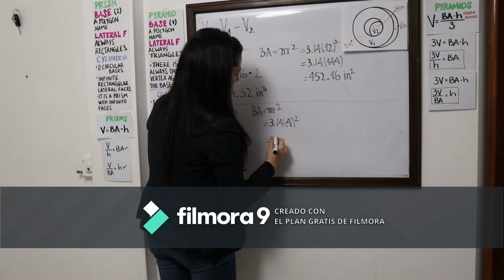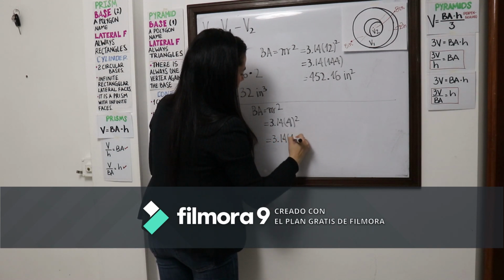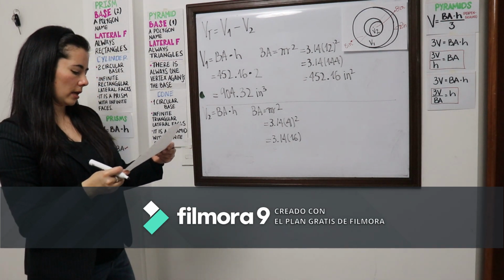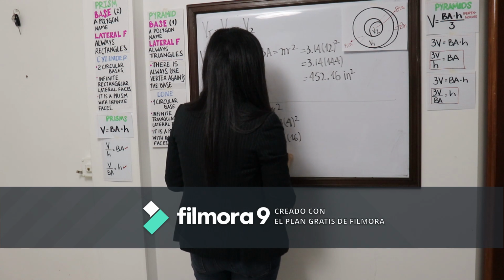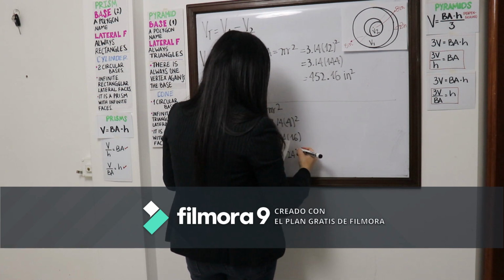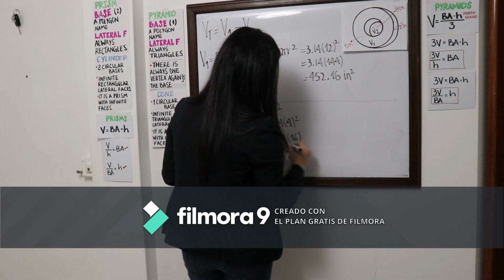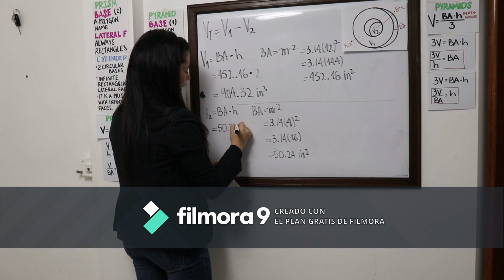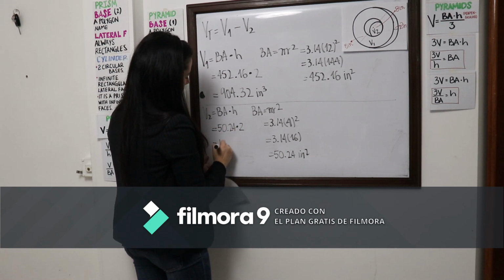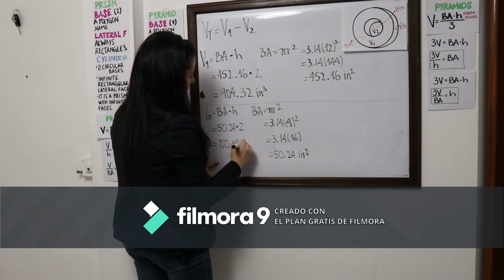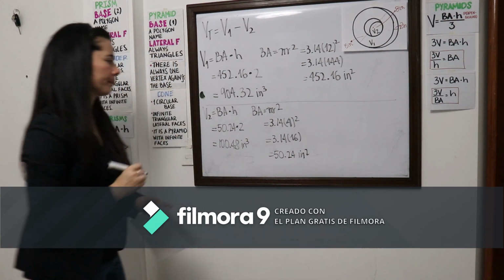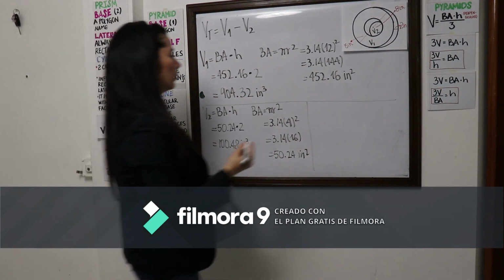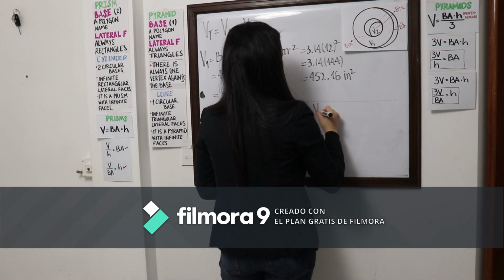And that's going to be 3.14 times 16, which I did, and that gave me 50.24. And that is square inches, of course, right? I, of course, use that over here times the height, which is 2, and this one is too easy, 100.48 cubic inches.